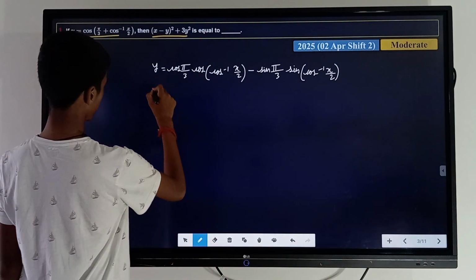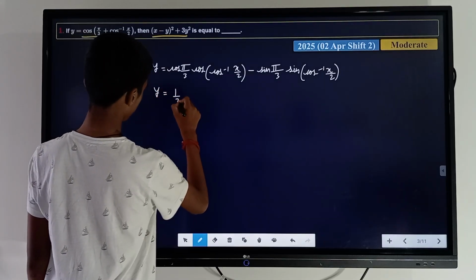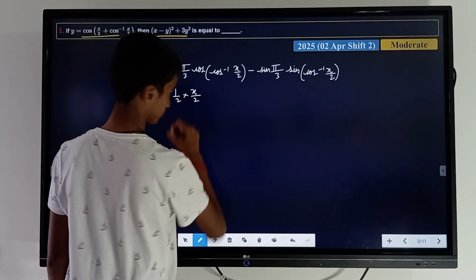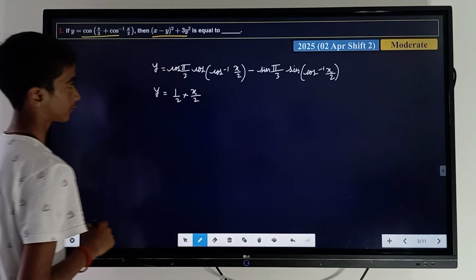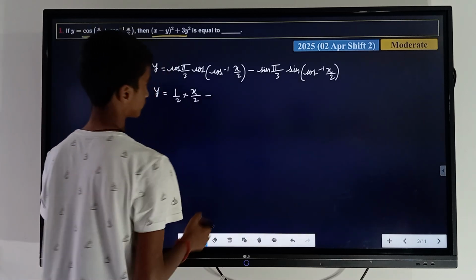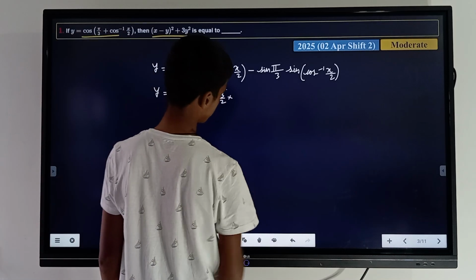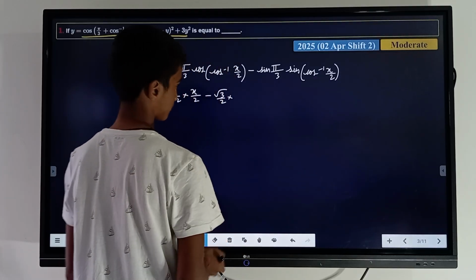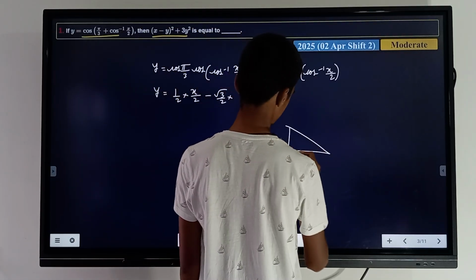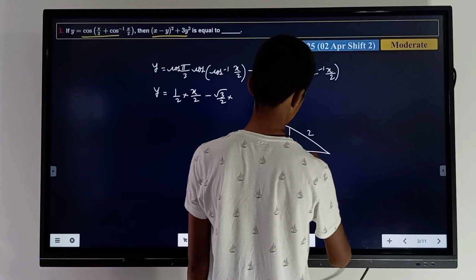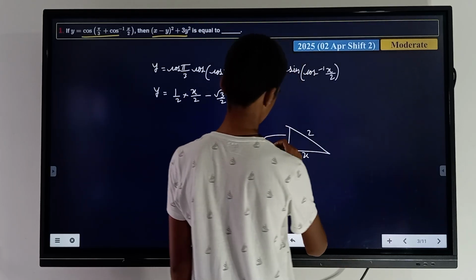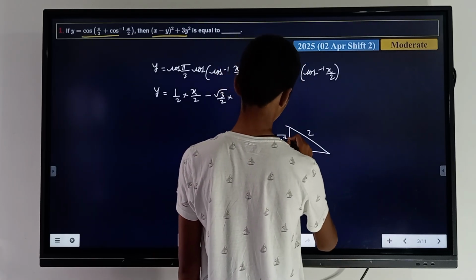Now from here our y is equal to half into x by 2, minus sin pi by 3, which is root 3 by 2, into now cos inverse x by 2. So from here, hypotenuse x, base 2, perpendicular will be root of 4 minus x square.